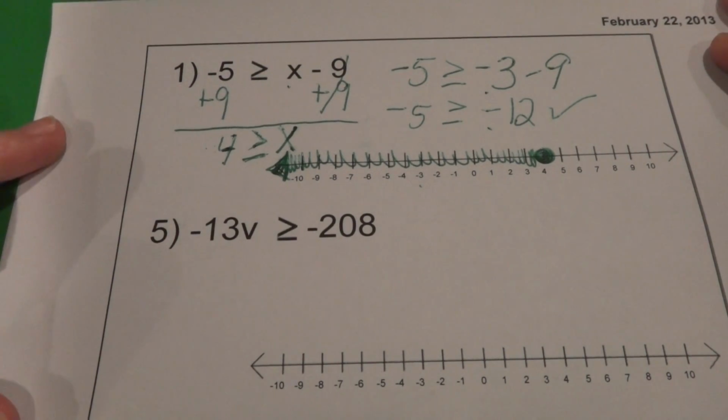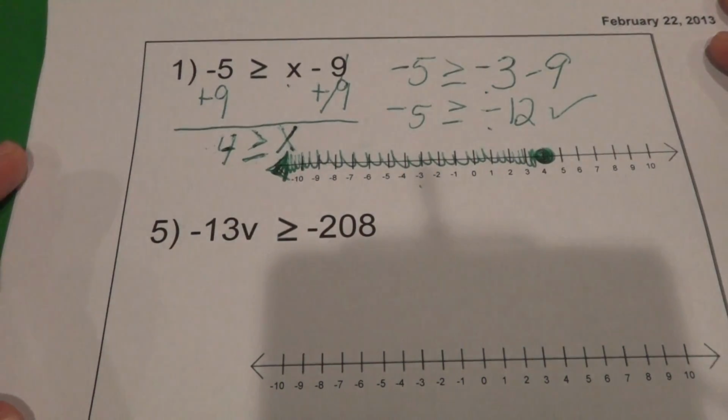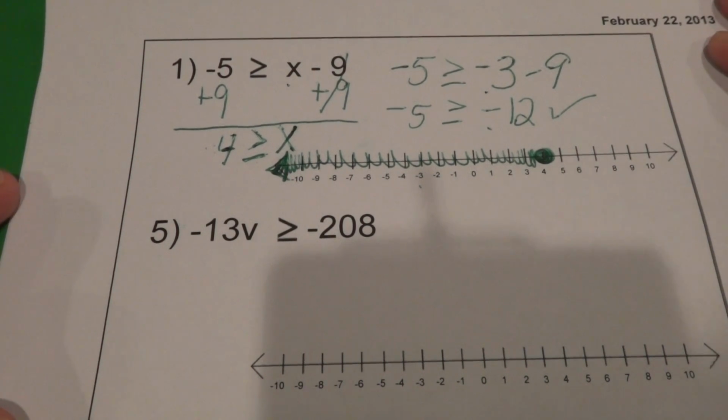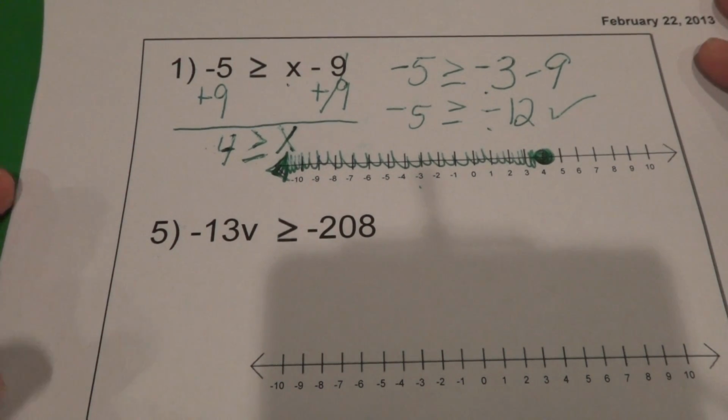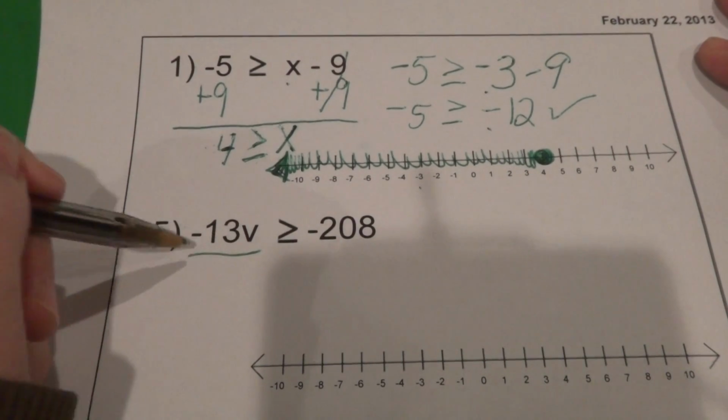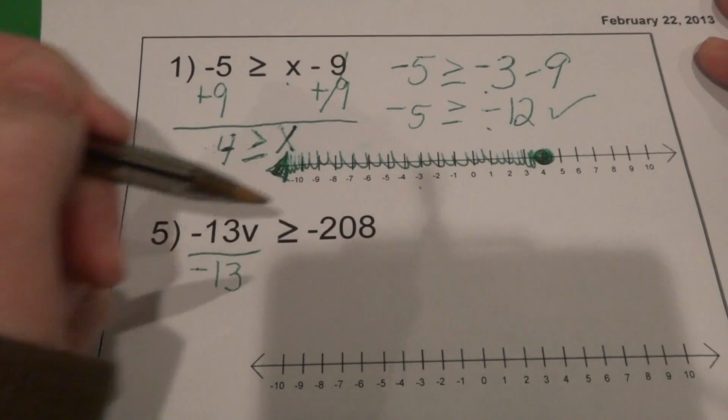Moving on to example 2, number 5. This one reads, -13v is greater than or equal to -208. So to solve this one, we have to get rid of a multiplied by -13, so we are going to divide by -13.